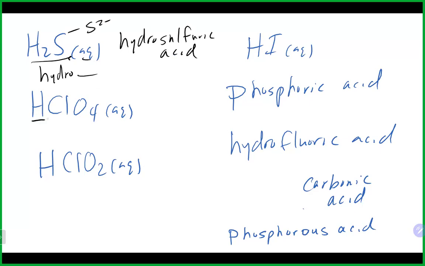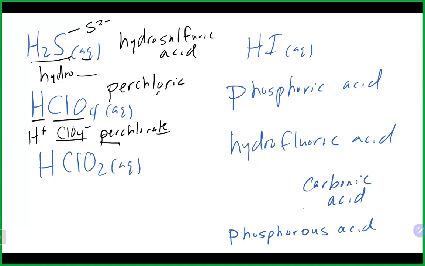This is an acid, H plus, and that is ClO4 minus. That is perchlorate. ATE means my acid will end in ic. We do still keep the front part here, and this is perchloric acid. Again, we do keep that front part from our polyatomic ion's name.